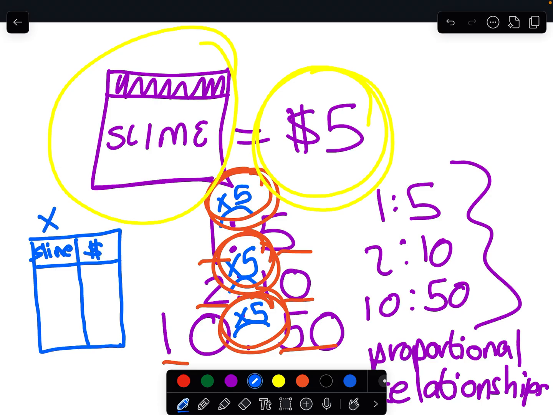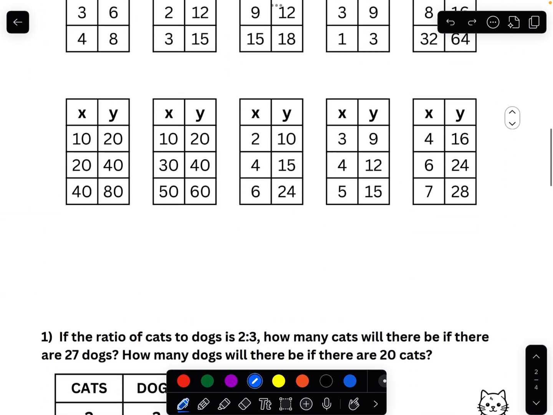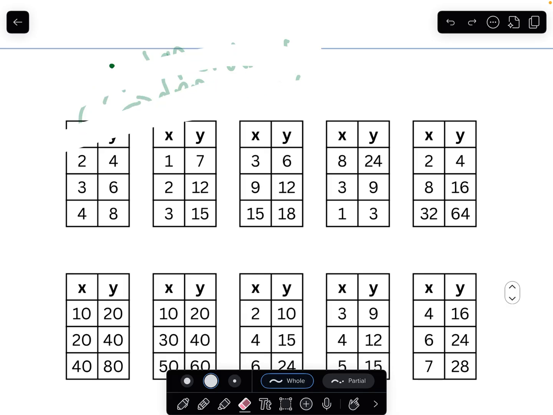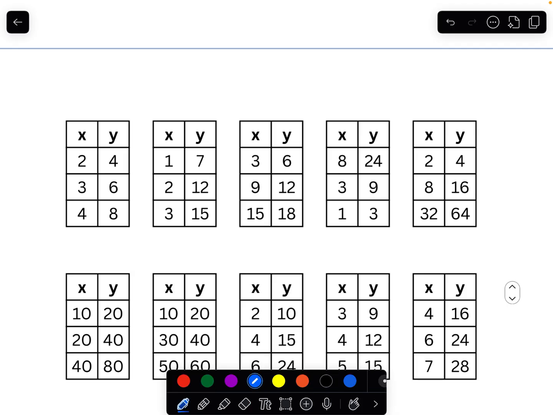And slime is the independent variable, the jars of slime, I should say. And the amount that we spend depends on the jars of slime we buy. So anyway, that's just a little tidbit of information for you. Again, it's not something you really fully need to understand right now where we are in math, but I do want you to understand why we have an X and a Y.